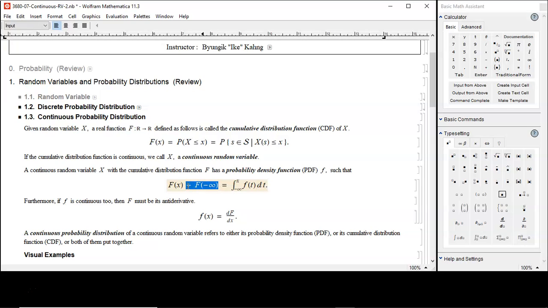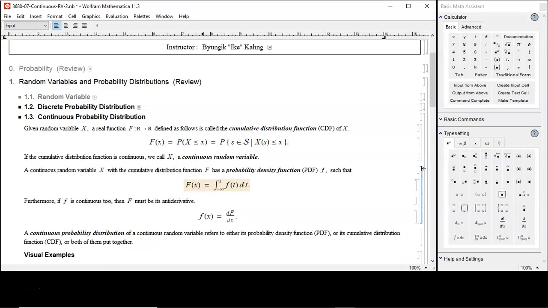But this is always 0 because nothing is accumulated yet. So throw away the 0 part, and here we go. So this comes from the fundamental theorem of calculus, if the probability density function is continuous and capital F, the cumulative distribution function, is differentiable.